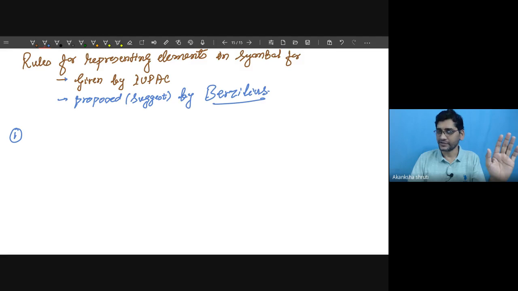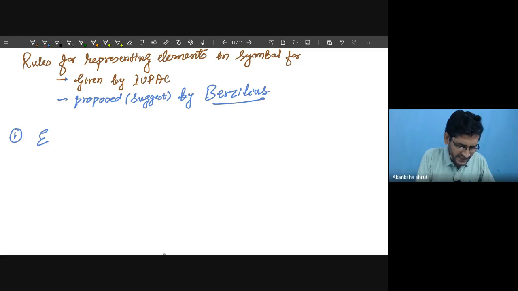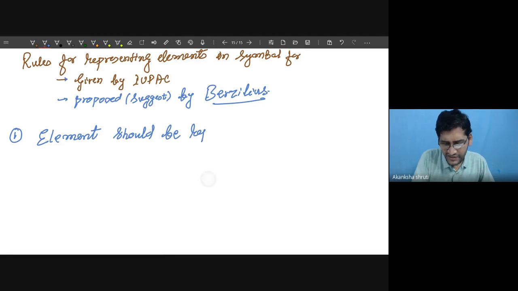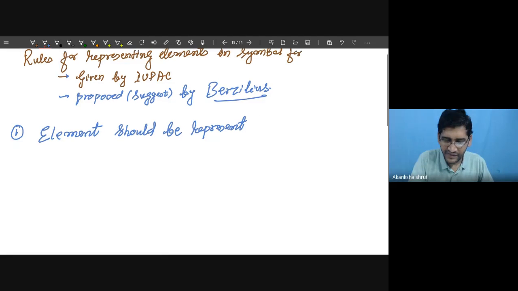He also specified that an element should be represented by its one atom.